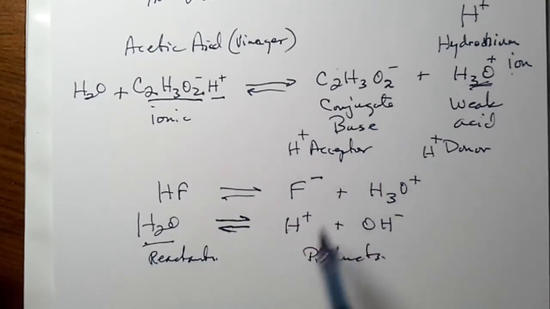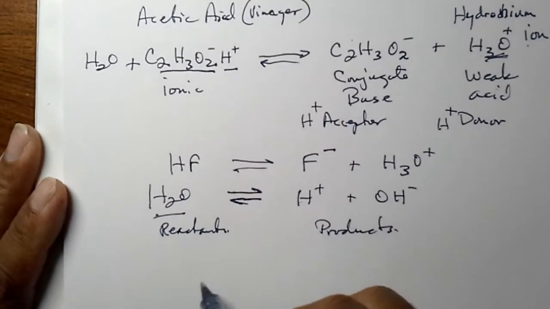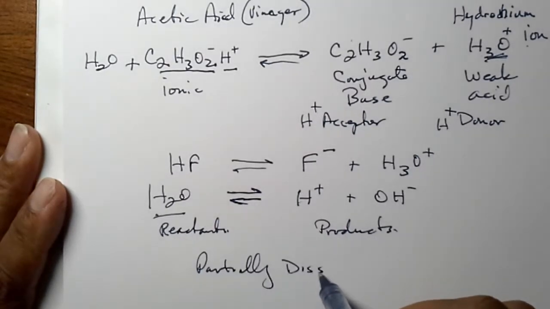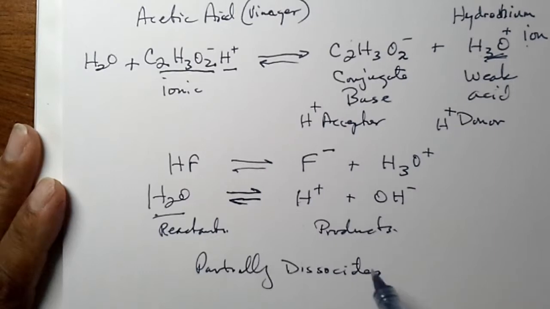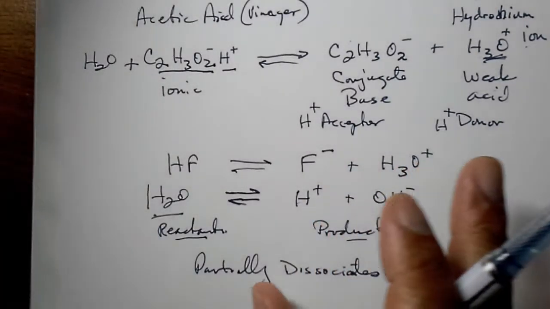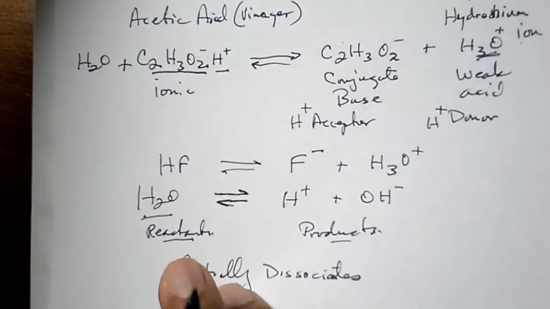And so when we say partially dissociates, that's what we mean. We mean that some reactants will remain when products are made, and some products will be converted back to reactants.